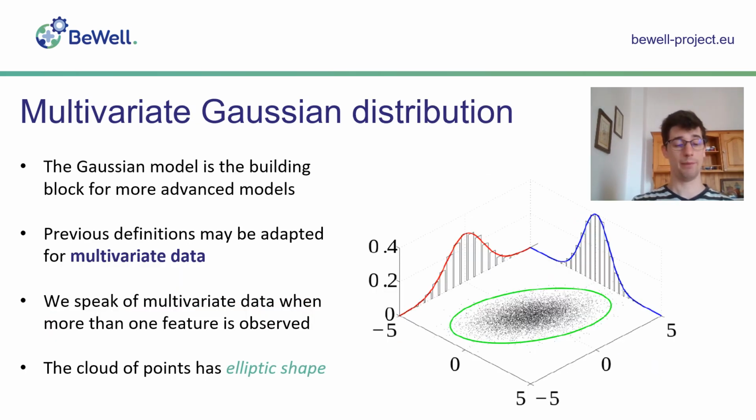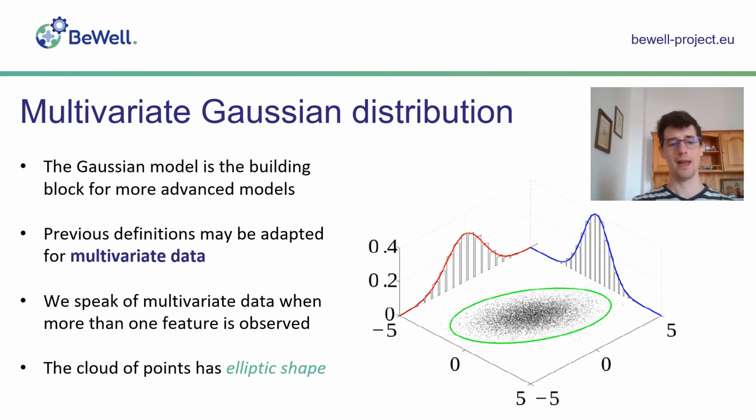As I was saying at the beginning of this module, the Gaussian model is the building block for more advanced models. The first one we describe is the multivariate Gaussian model, which generalizes previous definitions for multivariate data. We probably never used this word, but multivariate data are something we already worked with in the previous models.